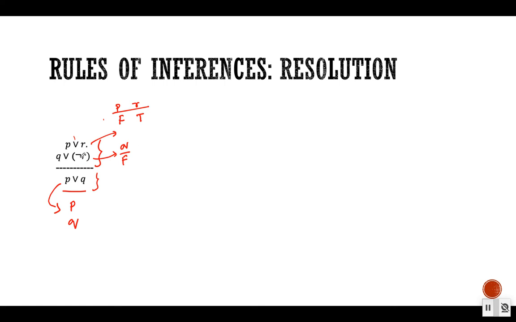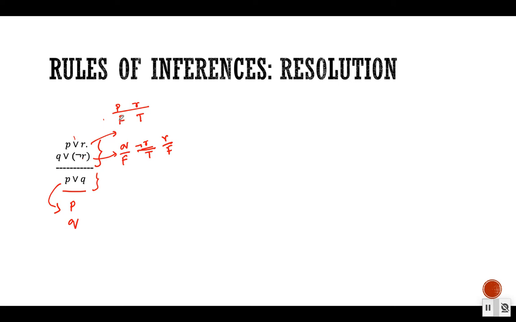If Q is false, then not R has to be true, which means R has to be false. But from the first hypothesis, we saw that R has to be true if P is false.